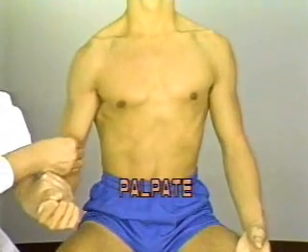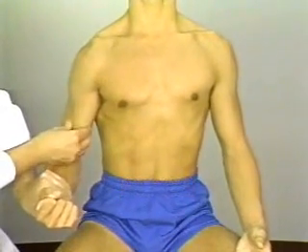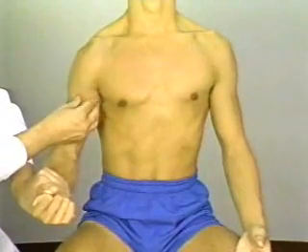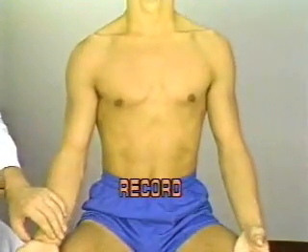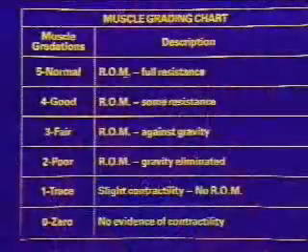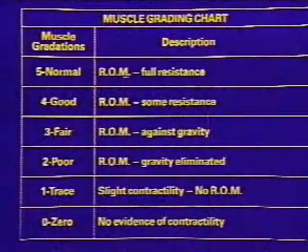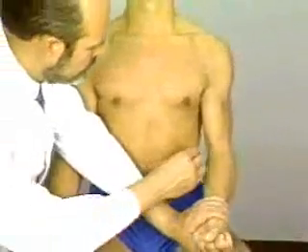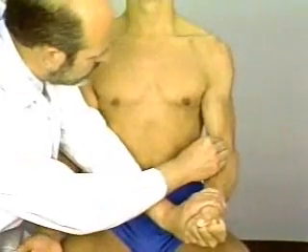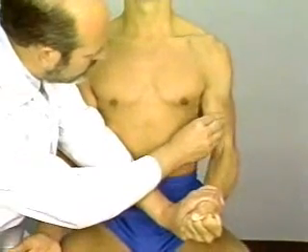Palpate the individual muscle or tendon if possible. Record the strength of the muscle or muscle groups being tested on the 0 to 5 rating scale. Always compare the strength of a muscle or muscle group to its counterpart on the opposite side.